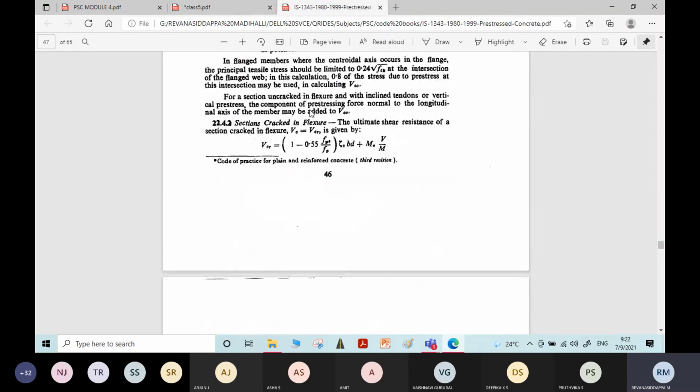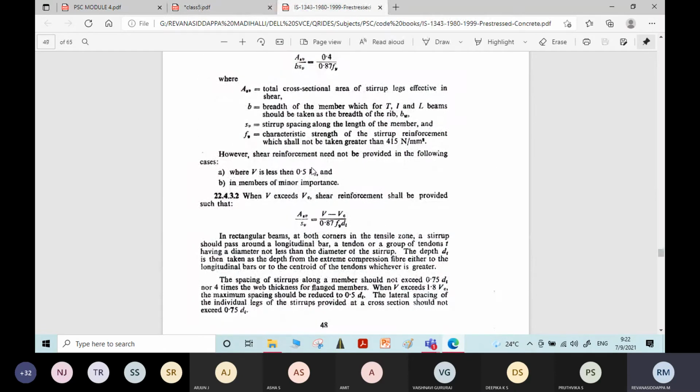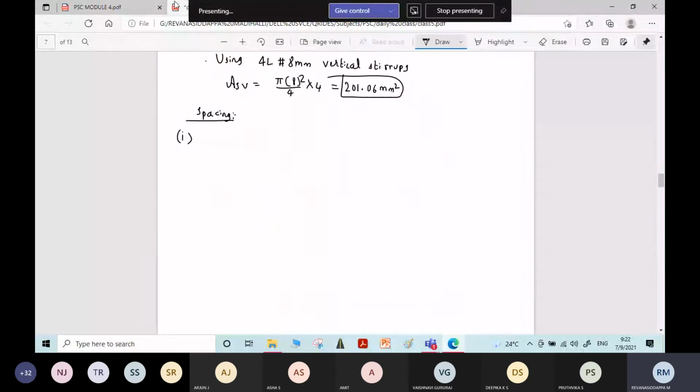Use this formula: ASV by SV is equal to VU minus VC naught divided by 0.87 Fy dt. Just a minute, I will look into the formula once again.